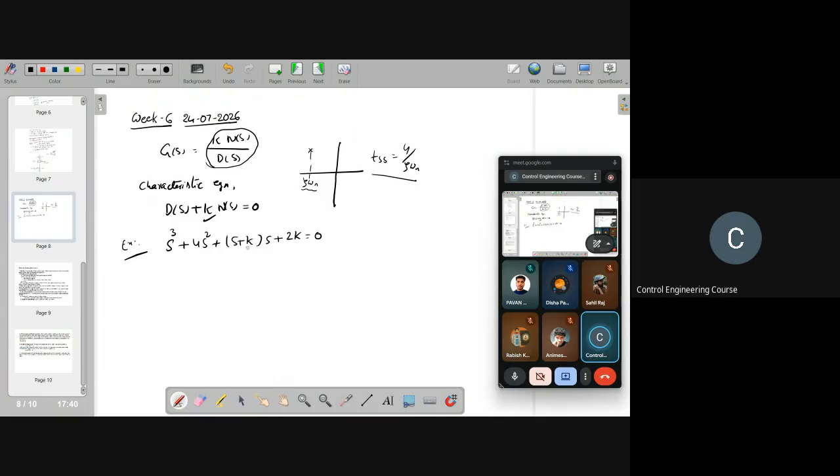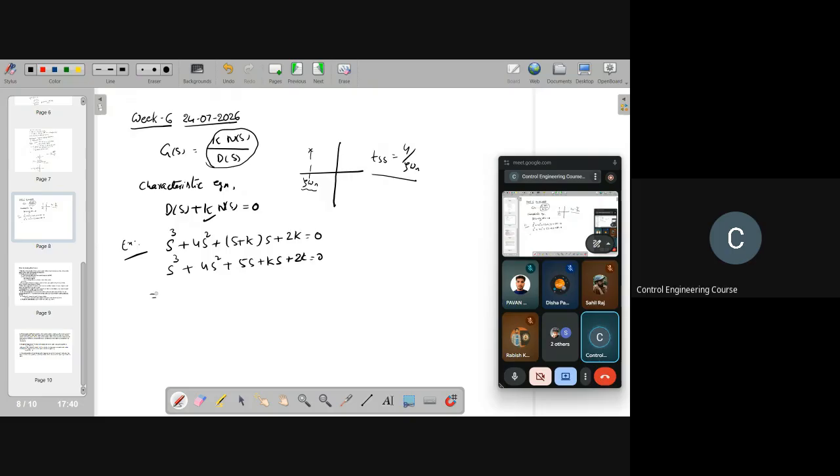In this case, the root locus assumes the standard form of G of s, so we need to convert this into that form. I write this as s cube plus 4s square plus 5s plus ks plus 2k equal to 0.